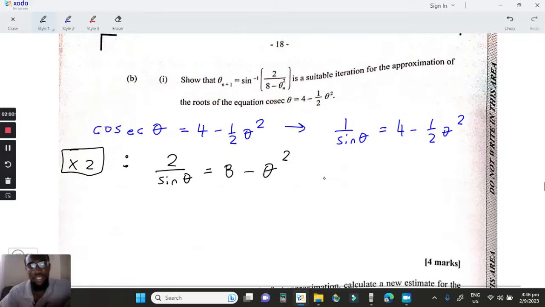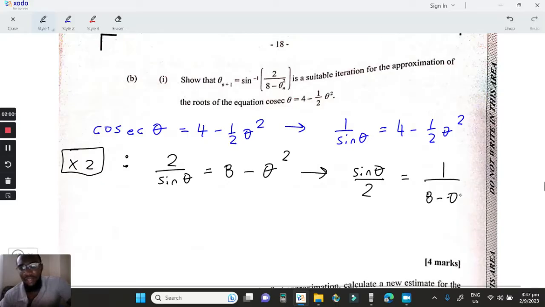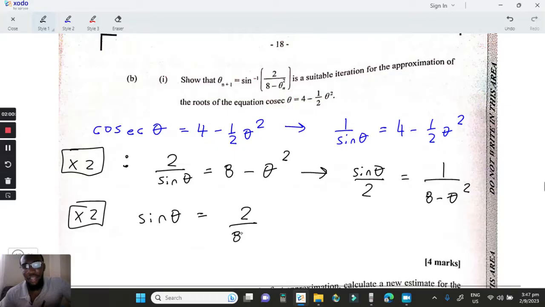So in this case, we flip it. So when we flip it, we're saying sine theta over 2 is equal to, by flipping it, so I want to make sure I multiply through correctly, 2 over this 8. Yeah. So flipping it, this becomes 1 over 8 minus theta squared. So now we multiply through by 2 again. So we get sine theta is equal to 2 over 8 minus theta squared.